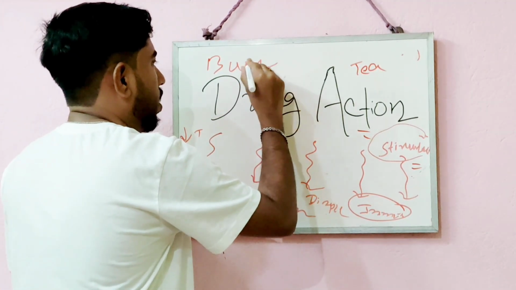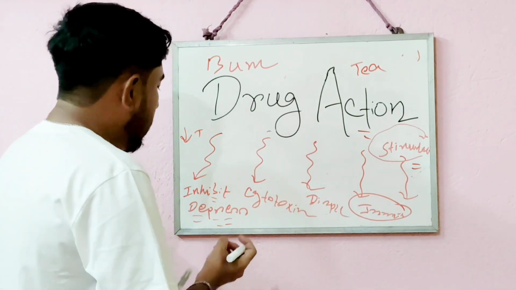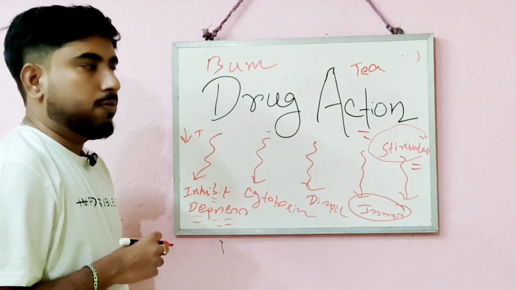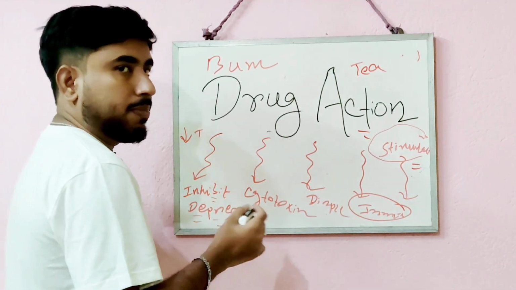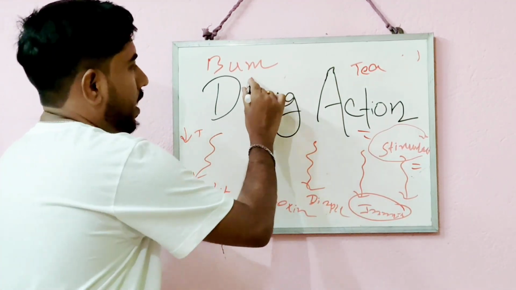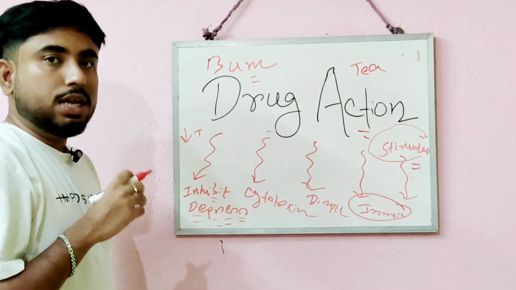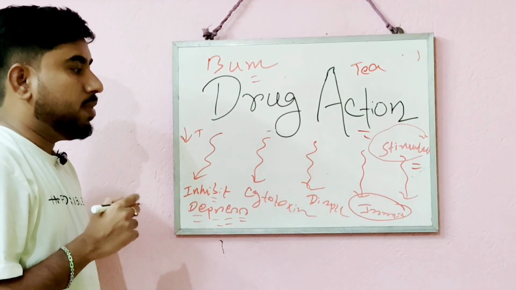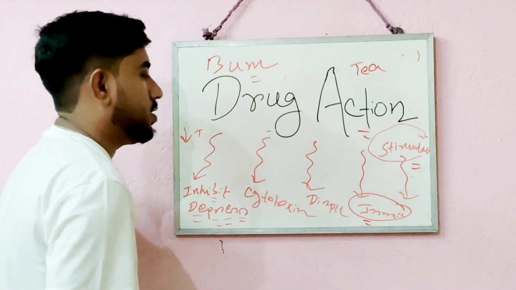What they are doing is inhibiting or depressing that pain. That is also one mechanism of action. And sometimes we know that when we take any balm in very high quantity, it causes irritation and inflammation. That leads to a different action, which is called irritation or inflammation.